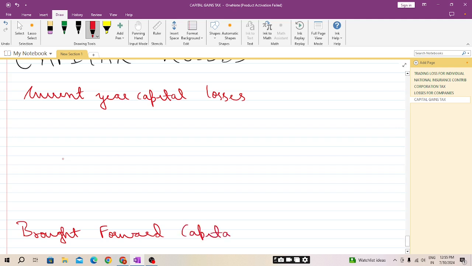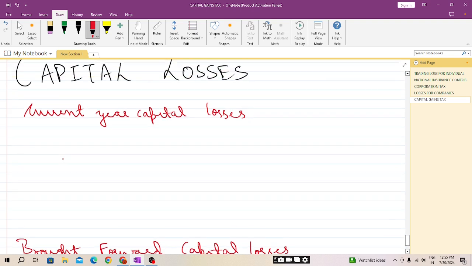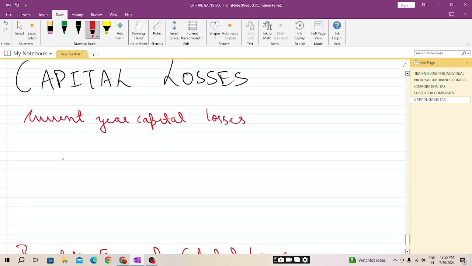Same, students, we have seen in the case of losses for individuals also. In companies we have seen the capital loss will be set off against the current year chargeable gains and then future years.